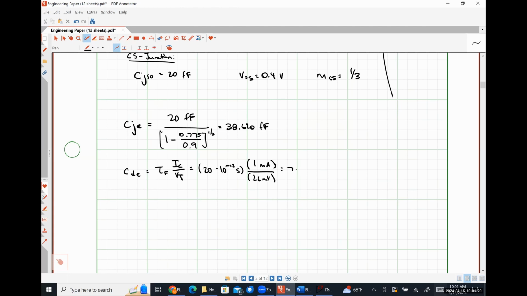Looks like 769.231 femtofarads. And if we add these two guys together, we see that C pi comes out to be 807.850 femtofarads.